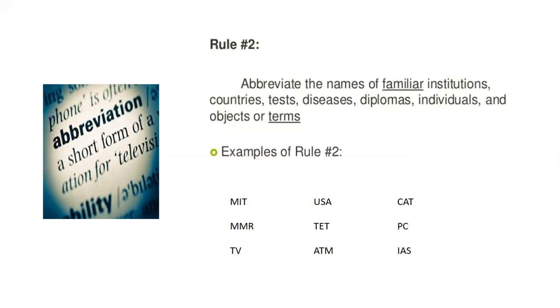The second rule is abbreviate the names of familiar institutions, countries, tests, diseases, diplomas, individuals, and objects or terms.